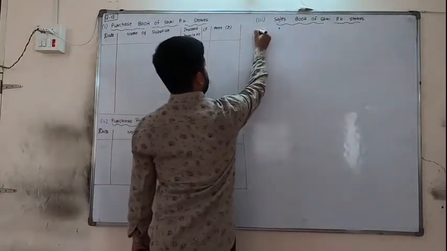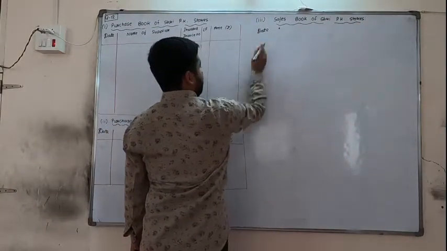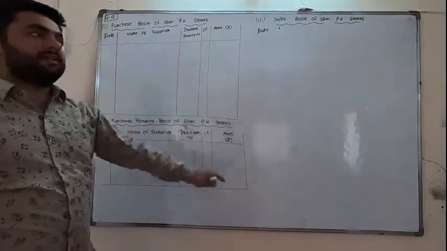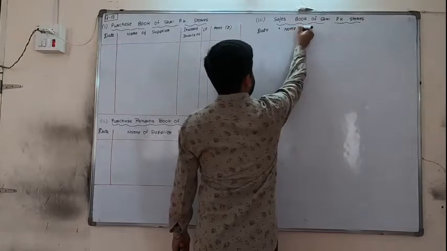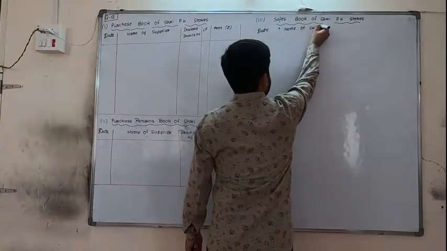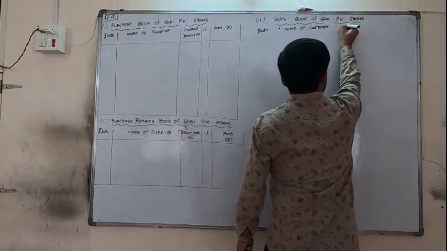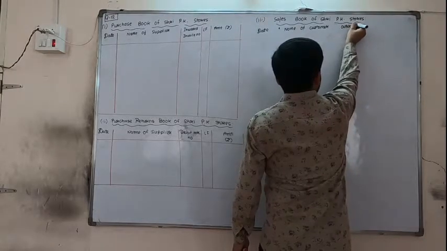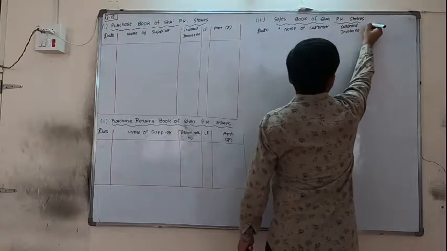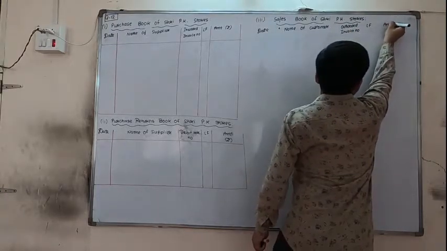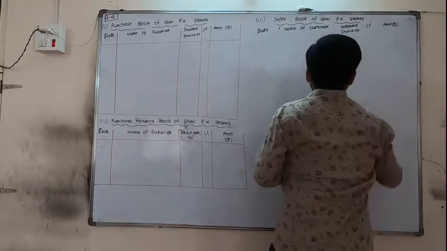For this sales book you will draw again 8 lines. So 8, 5, then again 8, 5. Date. Now we will have name of customer, then outward invoice number, LF, amount in rupees.